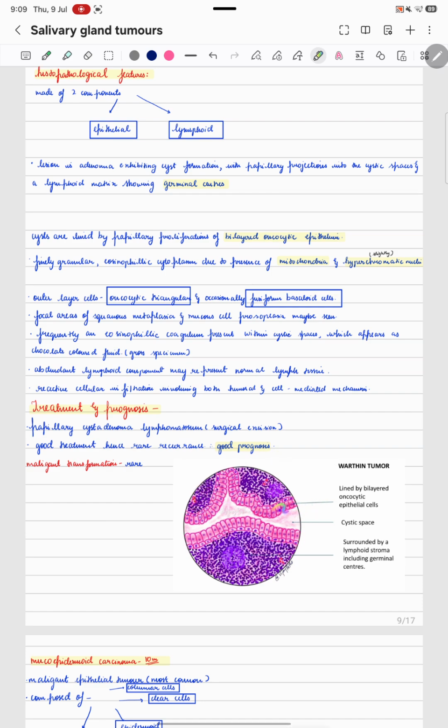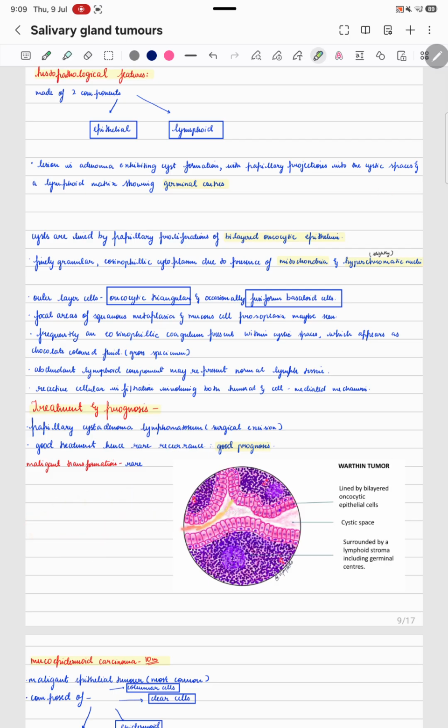This is the epithelial component and this is the lymphoid component. The lesion is an adenoma exhibiting cyst formation with papillary projections. So the epithelium has papillary projections, and then there are cystic spaces.